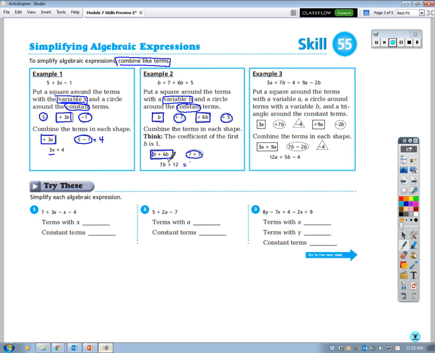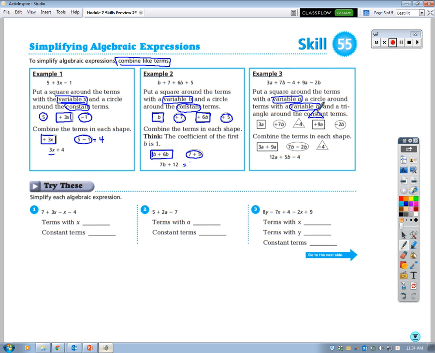Let's take a look at example 3. We've got 3a plus 7b minus 4 plus 9a plus 2b. Okay, so what we've got here is a variables, b variables, and constants. So we're going to put a square around variable a, a circle around variable b, and a triangle around constants.